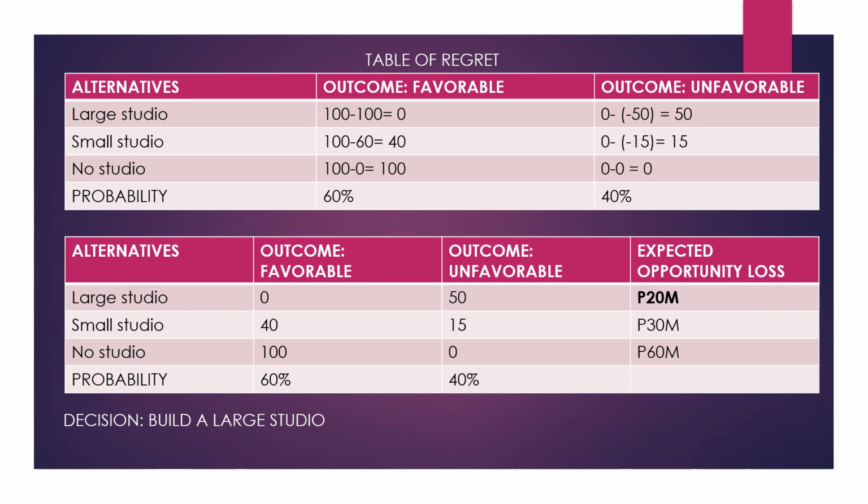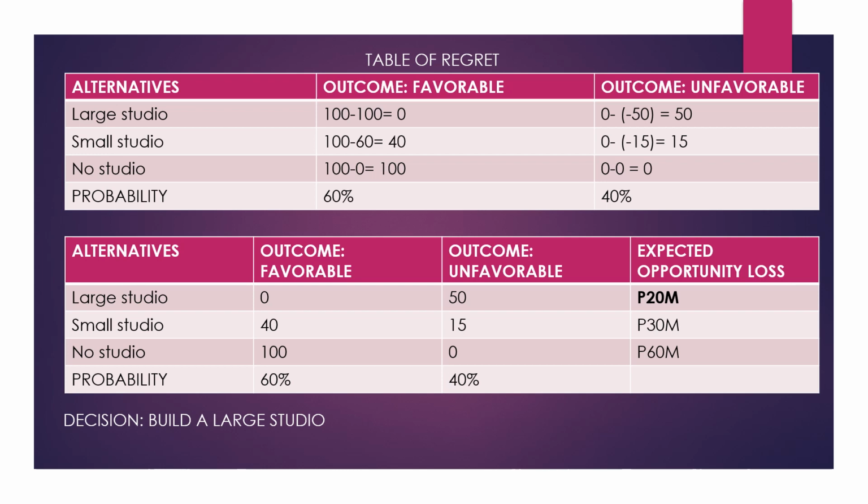The table of regret is basically simple: you just take the biggest value for each outcome. For example, in the favorable outcome, the highest net income that we can get is 100. Take note of that.